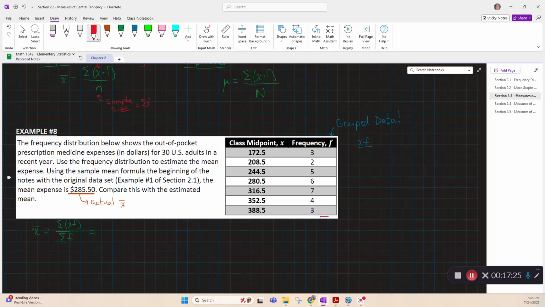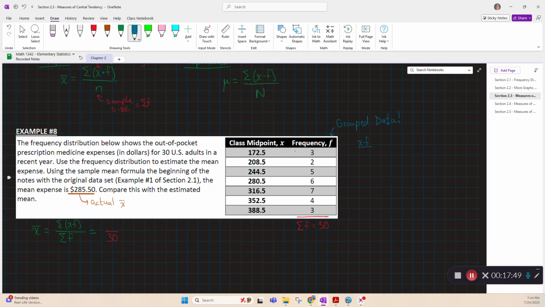So if I add these up, the sum of my F's would be, I want to say 30. Oh, it tells us 30. Okay, so this number is going to be 30. Now for X times F, just like we've done before, we multiply these.